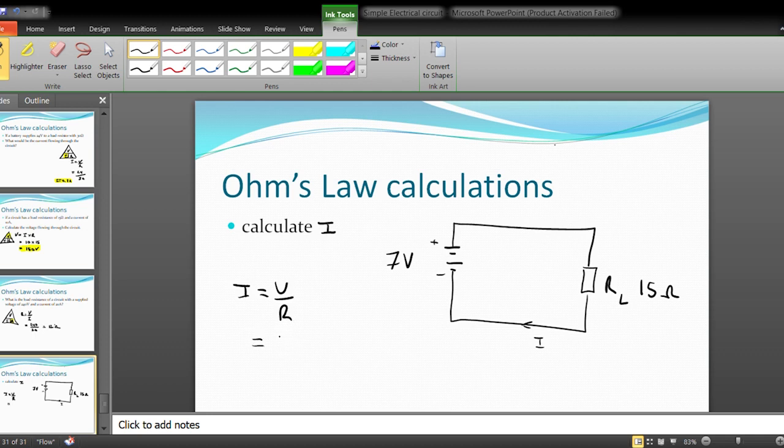The voltage is 7 and the resistance is 15. So 7 divided by 15. We'll have 0.47 amperes.